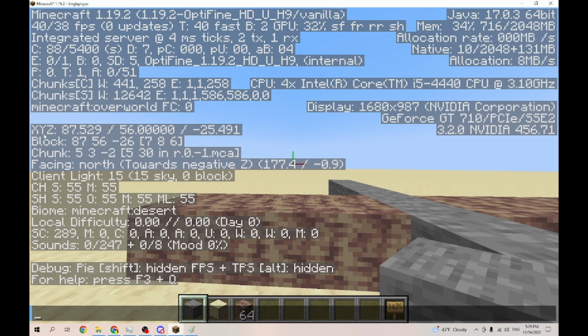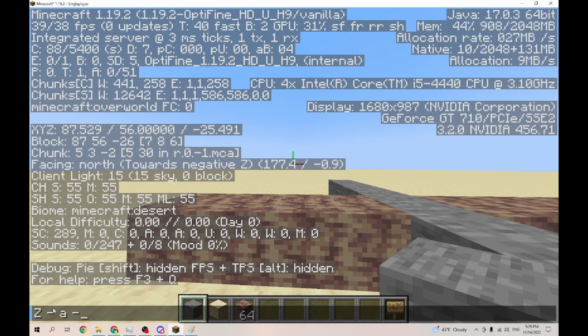So X, Y, Z. Z being the third number, and we know we are going negative Z. So we can type it as our current Z, minus, because it's negative, the amount of blocks we want to move.